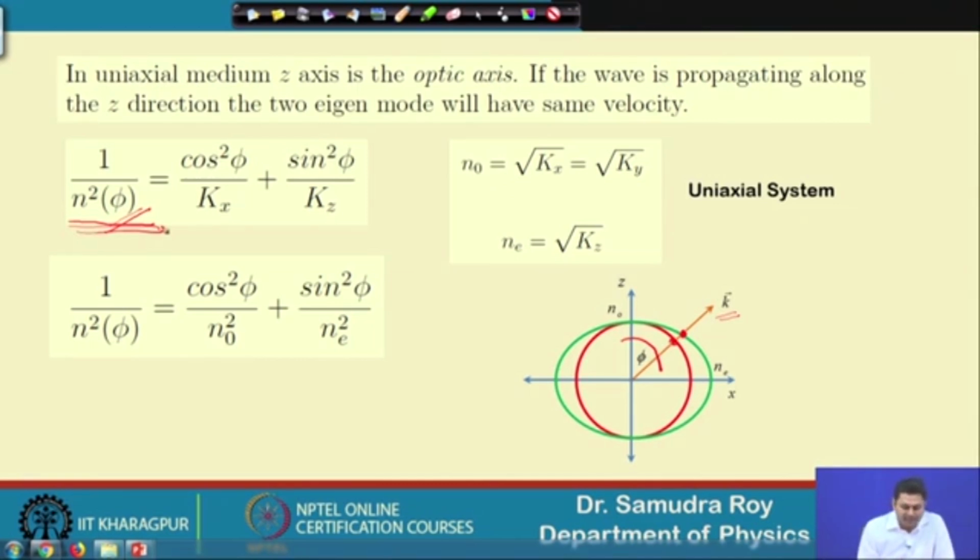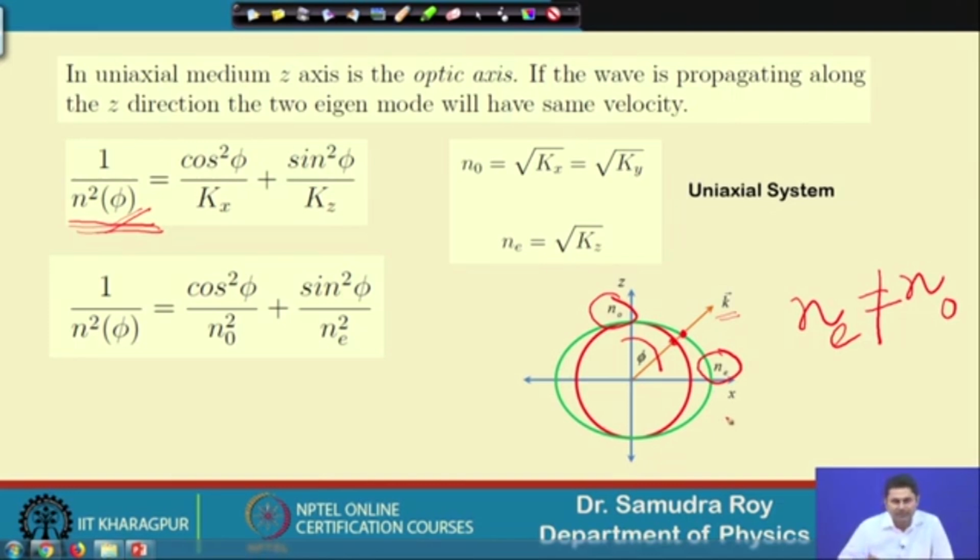and it is related to NO and NE, the refractive indices along the x direction and the z direction in this case. Along the z direction we call the refractive index NE, and along the x direction we call it NO. So NO and NE are not the same. I should write here one important equation: NE is not equal to NO. That is why this shape becomes an ellipse in this case.